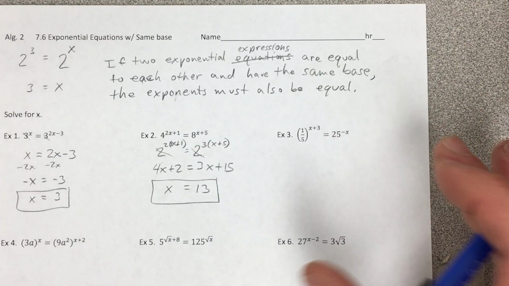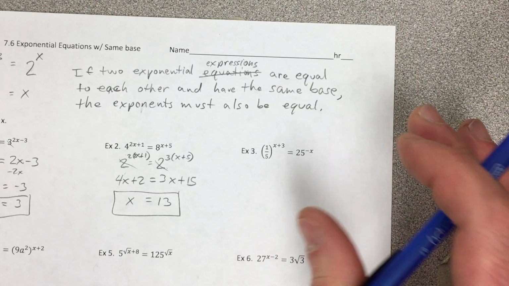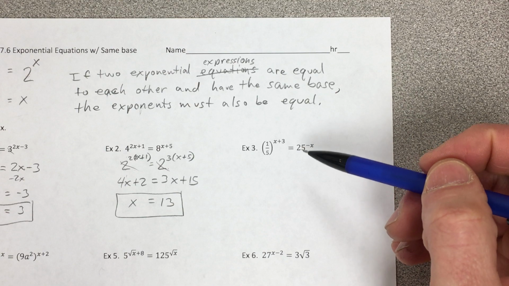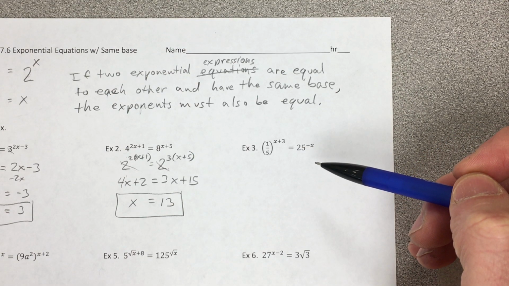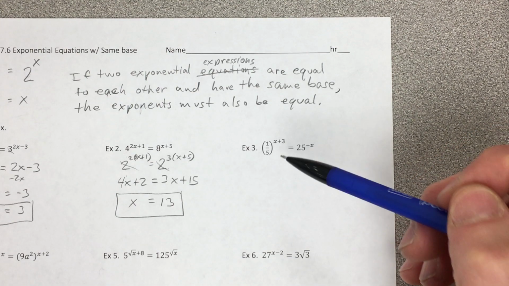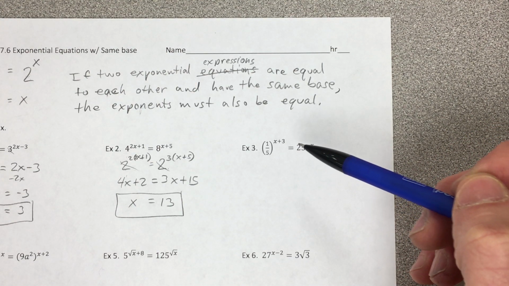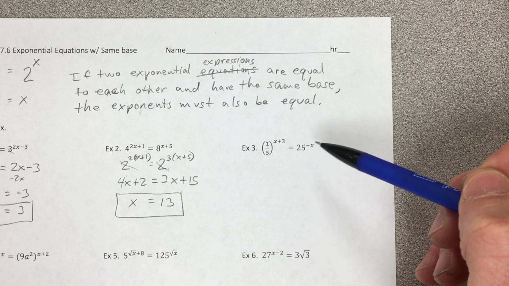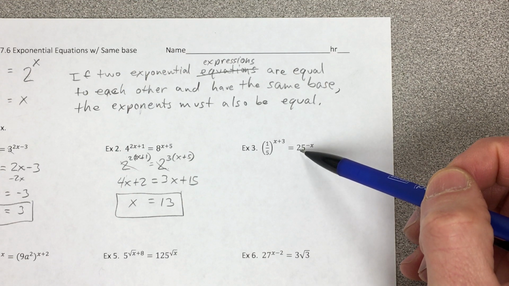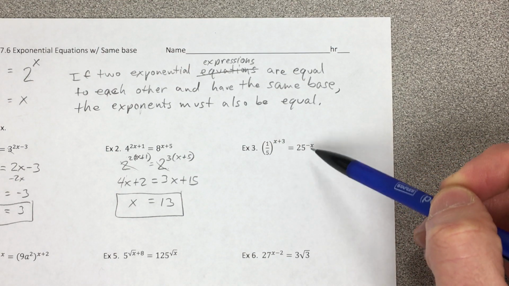All right, let's look at example 3. Now, there's a couple options here. I usually try to see if I can rewrite the bigger number using the smaller base, and there is a way to get there.